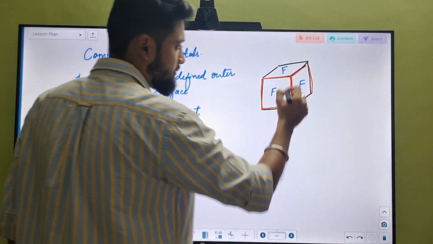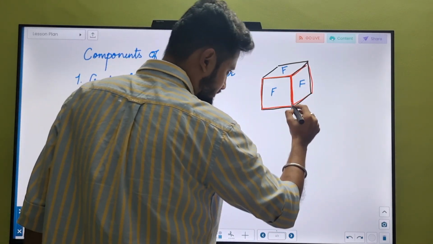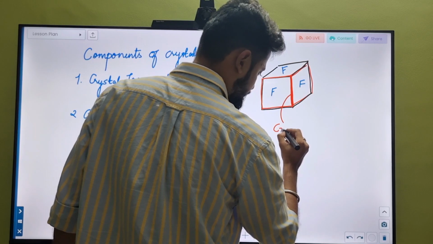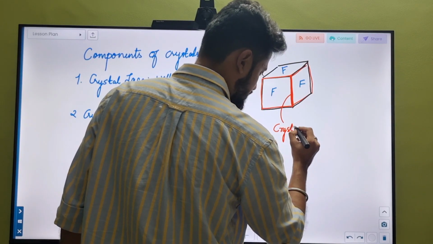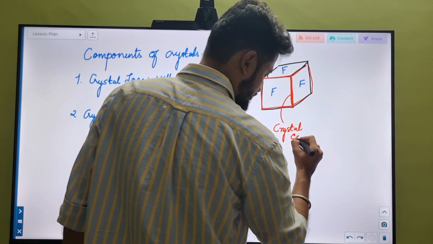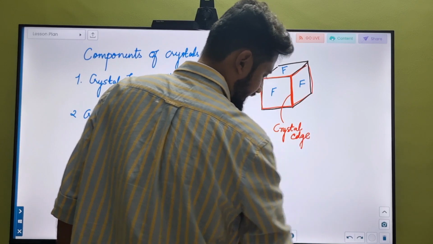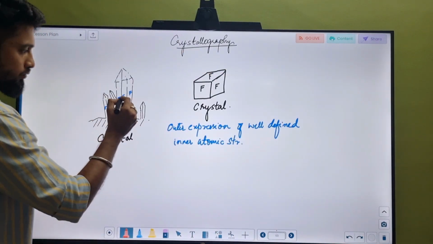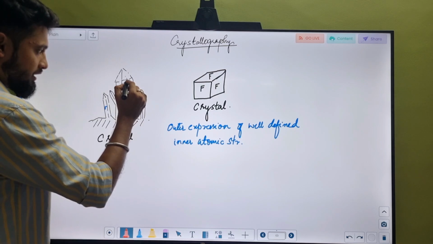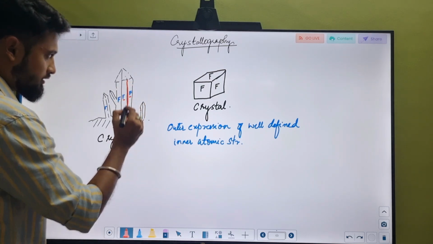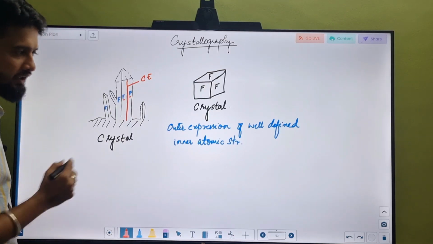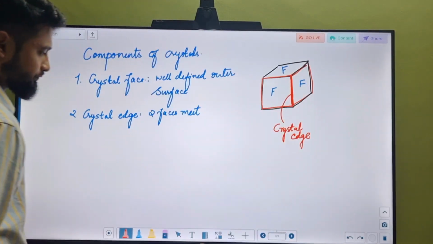Yes, so they meet at this junction, so this is called the crystal edge. If you see in this diagram, this is one face and this is one face, so this becomes the crystal edge or the edge of a crystal.